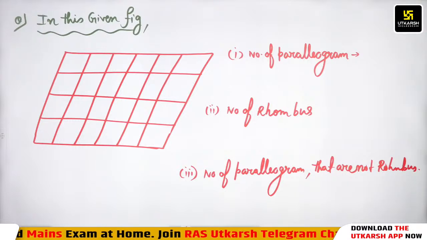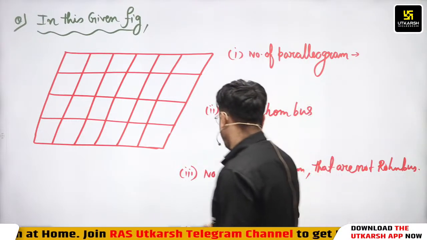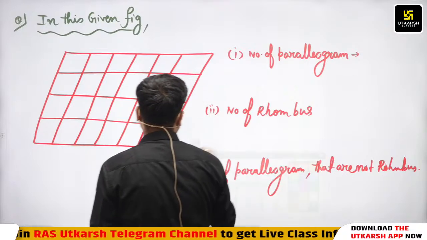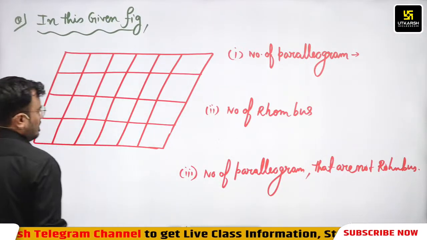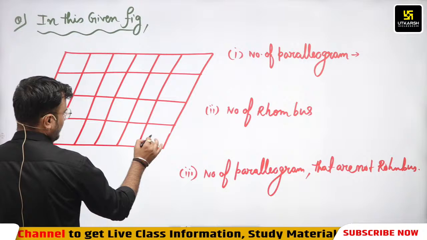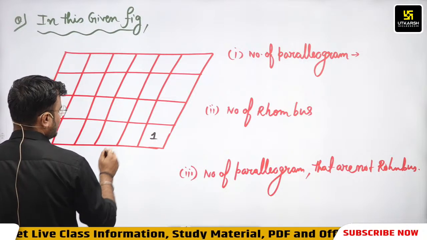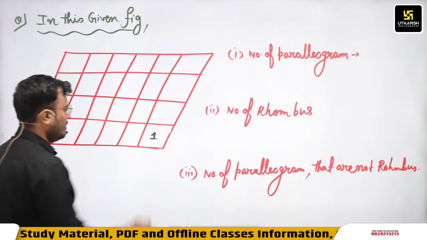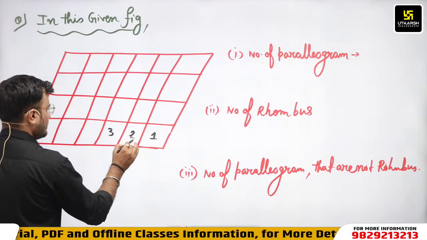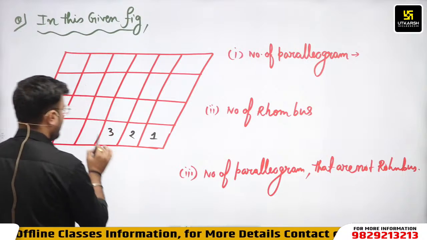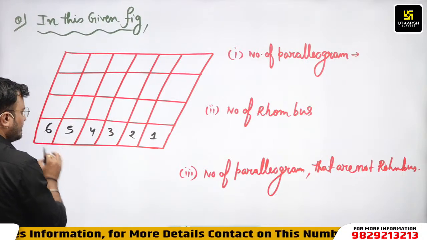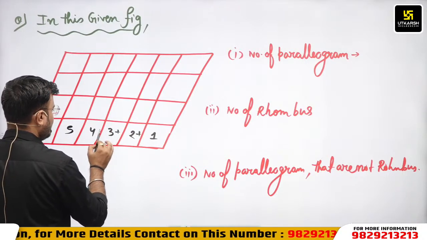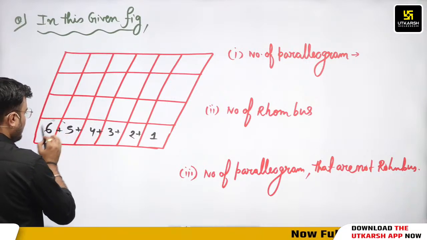So for the number of parallelograms, we need to use the same process that we used in counting of rectangles. We need to write natural numbers starting from the rightmost smallest parallelogram: 1, 2, 3, 4, 5 and 6, and we need to add all these numbers.